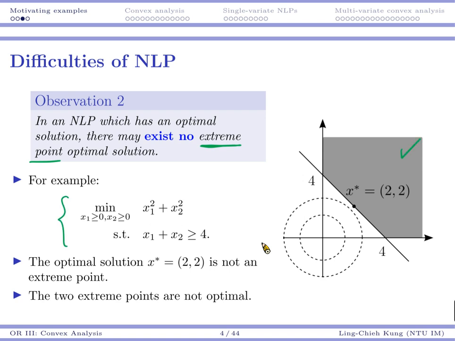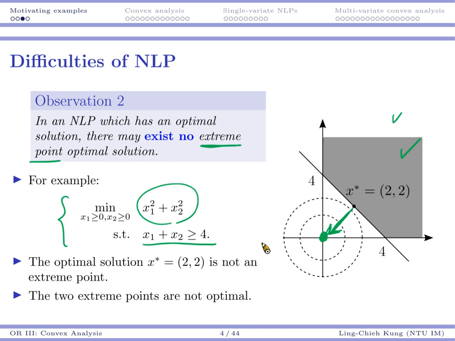So the feasible region is here. Your x1 and x2 are both non-negative, and their sum is greater than or equal to 4. We want to minimize x1 squared plus x2 squared. So the best thing we may do is to get to 0, 0. Alright? So 0, 0 is optimal. And very quickly from this figure, we can see that as long as you get closer to 0, 0, you actually improve your objective value.